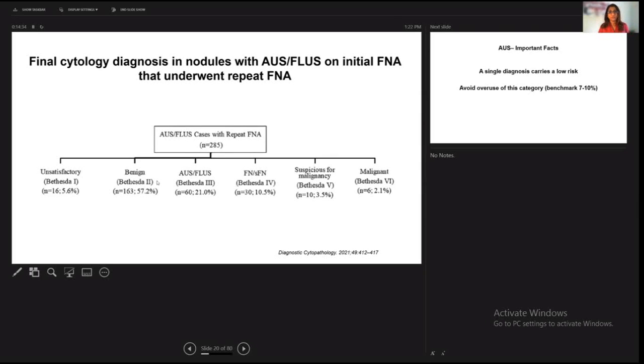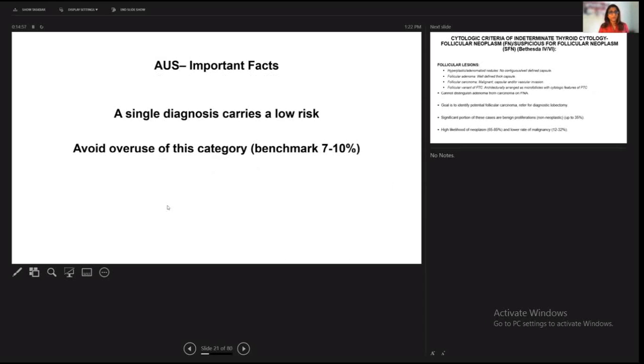A majority of AUS/FLUS still tends to be benign, but there is always this worry that a minimal amount of them goes to being suspicious or even malignant. So that is what we're trying to solve. And as you can see, a fair share of them still remain AUS/FLUS, and this is exactly the kind of cases that need to go for molecular testing.